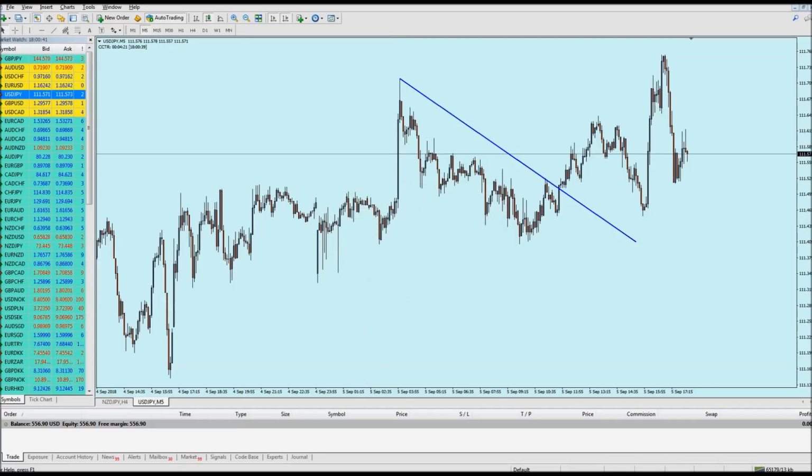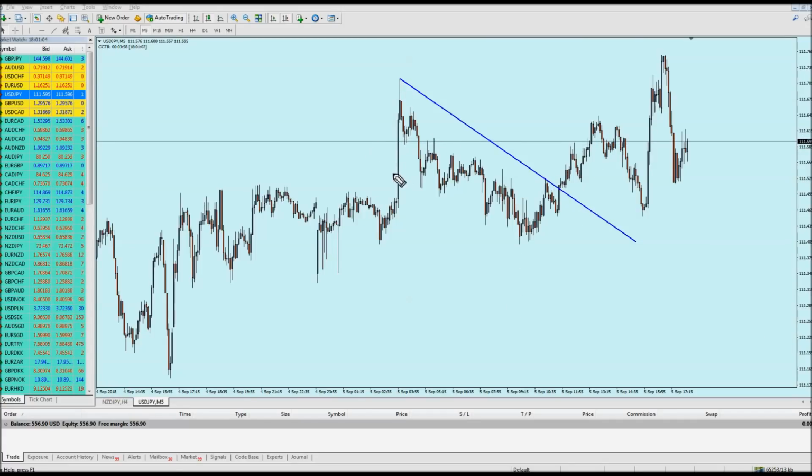So for example, I have this trend line here, and we can see the breakout happened. This is a resistance trend line. Then we see the breakout candle. It's not only a candle, actually, it's a breakout momentum. So you can see the breakout happened, and the market just continued to go more and more up.